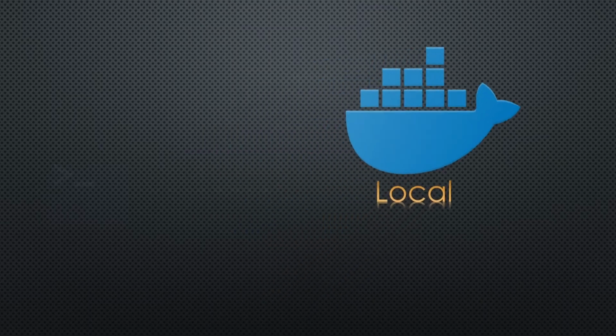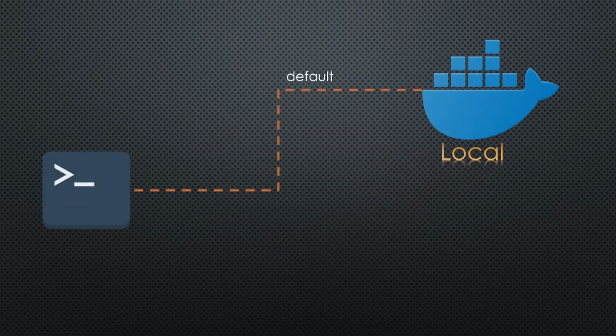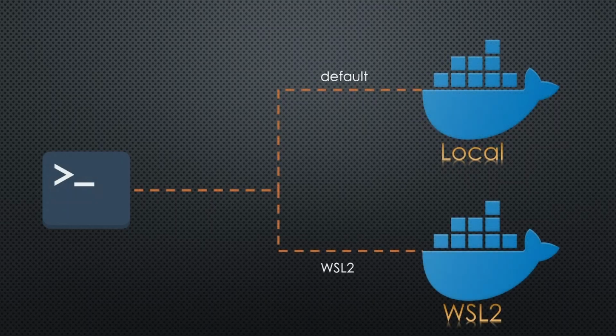This context points to the local Docker daemon running on your machine. But you can create additional contexts that point to other Docker daemons, like the one running in WSL2. When you type commands in the CLI, Docker will use the context you have set to determine which Docker daemon to connect to. By default, it will use the default context, which points to the local Docker daemon.